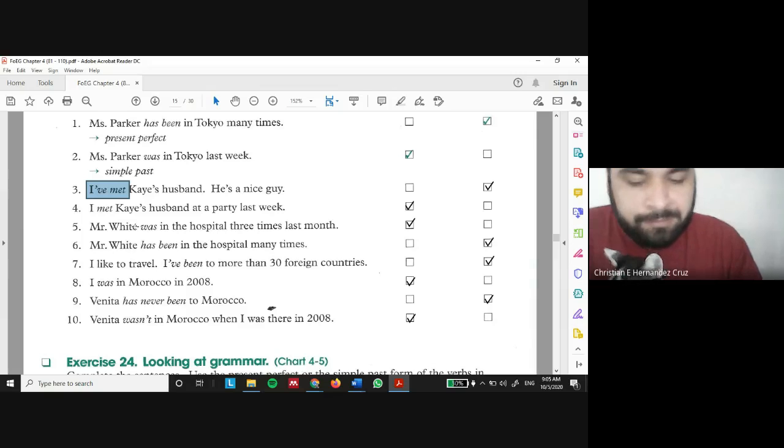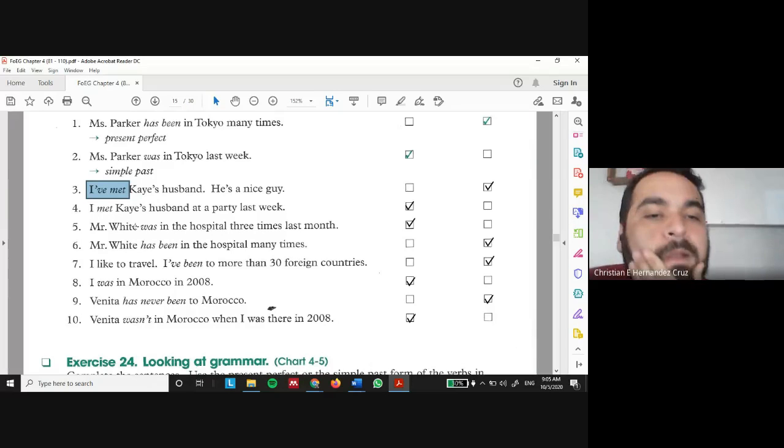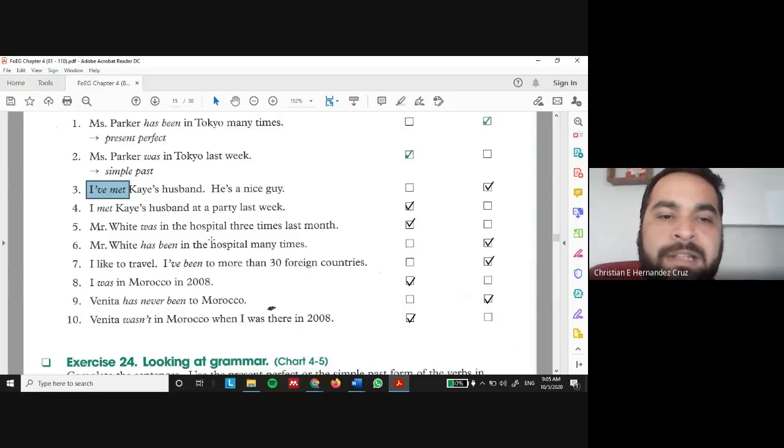Is there any discrepancy between the specificity and the tense, or are all of these specific sentences in the simple past? Are all of these unspecific sentences in the present perfect?